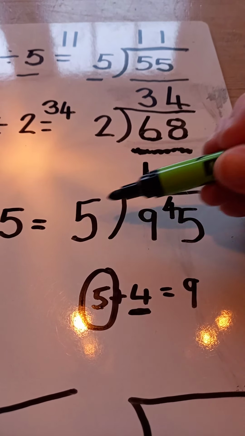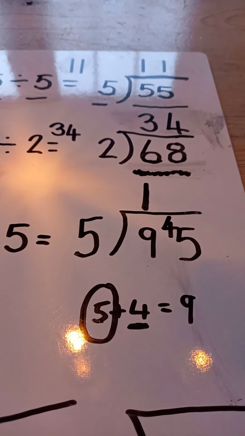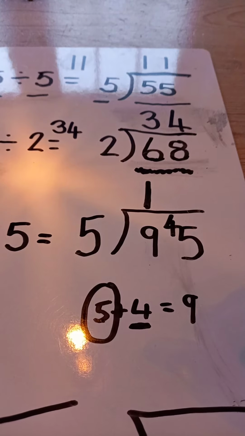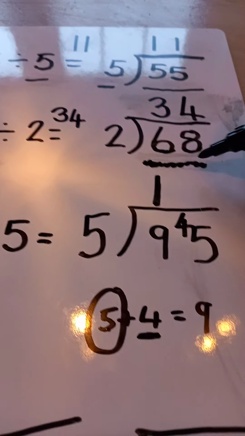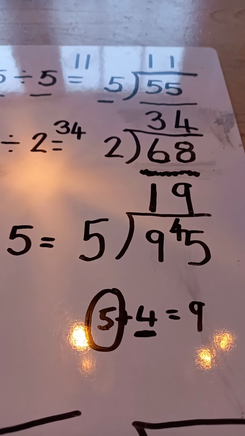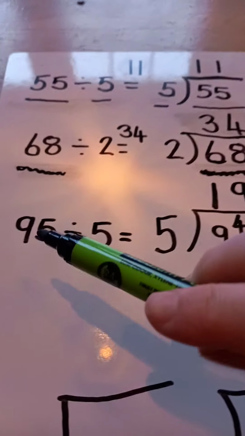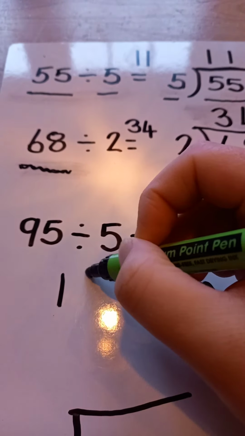We've carried the 4 across. So groups of 5 in 45. You can count up in your 5s up to 45, or you might just know that there are 9 groups of 5 in 45. So that would be a 9. Okay? So the answer to 95 divided by 5 is 19.